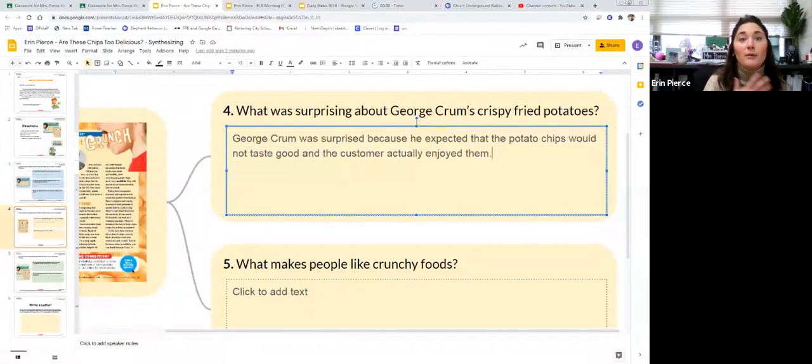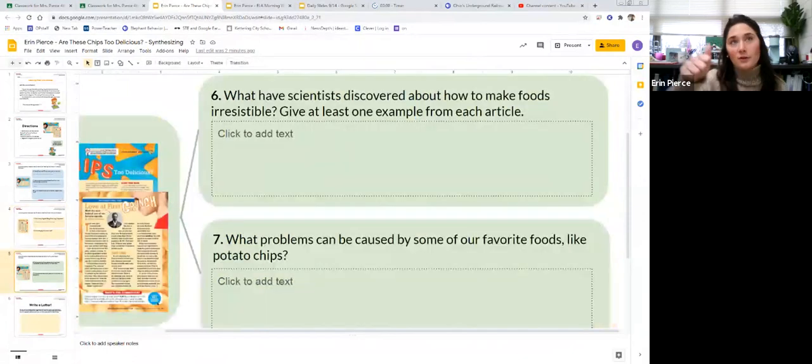So we're going to be doing half the work together. You're going to be doing half the work on your own. But I expect that your answers are well rounded, meaning that there's UPQ and plenty of text evidence in the ones that you are doing independently. Thanks, Lucas, for the thumbs up.